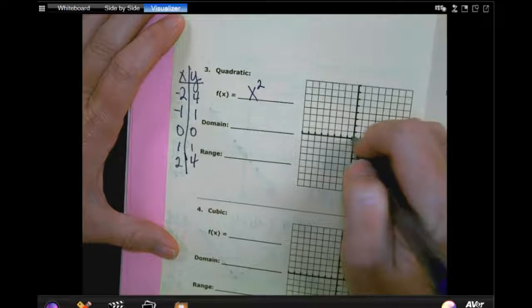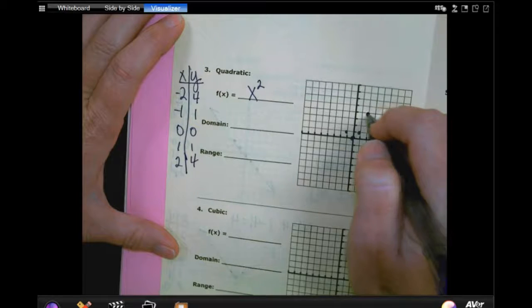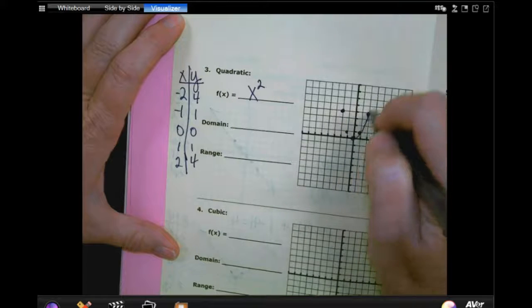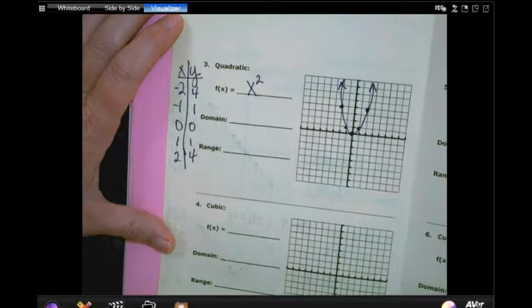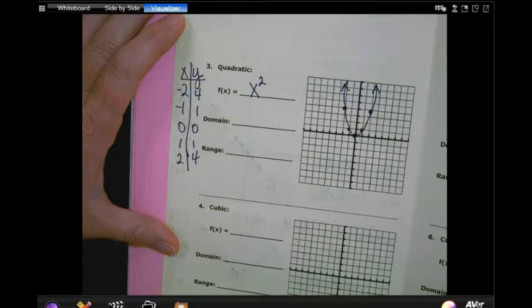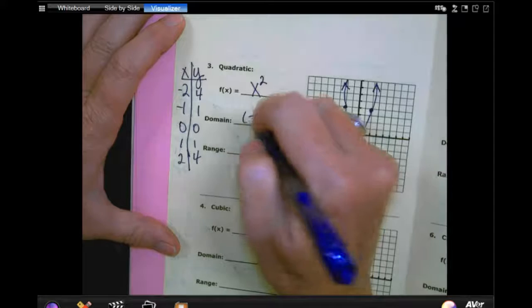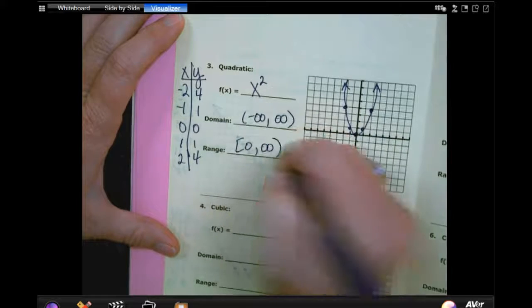So when I graph, and this is also symmetric around the y-axis. The vertex is at 0, 0. The domain is -infinity to infinity, and 0 to infinity for the range.